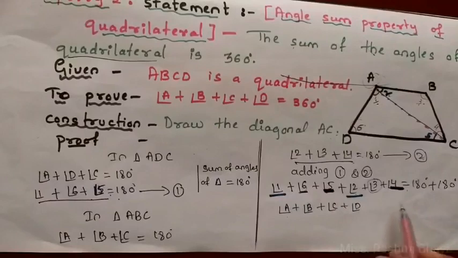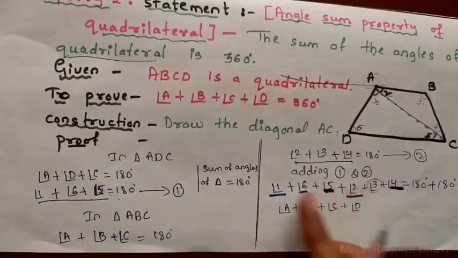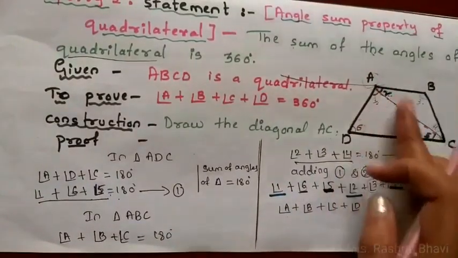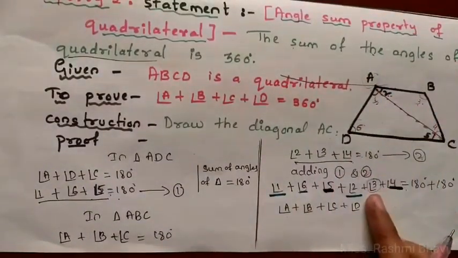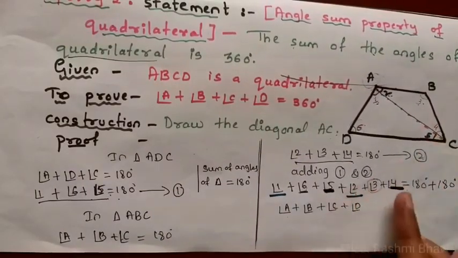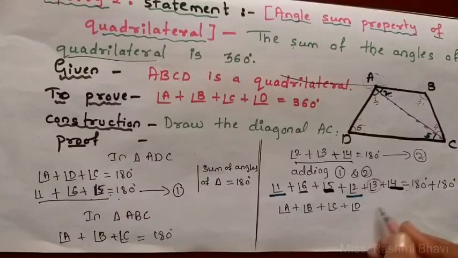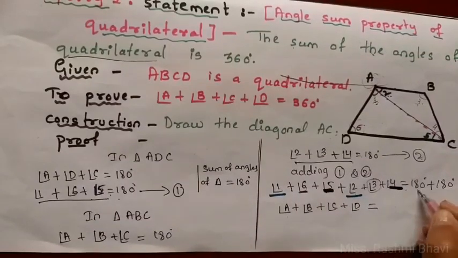So these all angles are there. Angle 1 plus 2 is said to be angle A. Angle B is angle 3. And angle C is angle 4 plus 5. And angle 6 is D. Next we have the equal sign: 180 degrees plus 180 degrees.